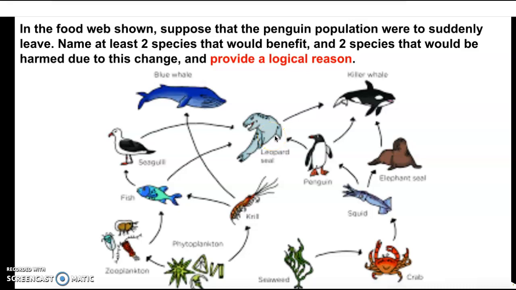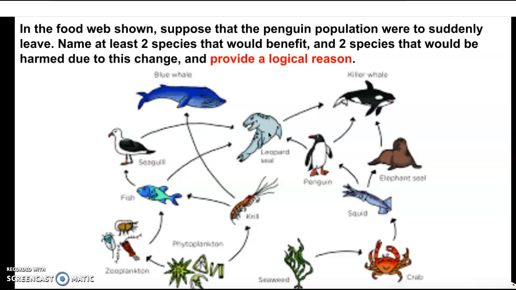A second reason would be because of the killer whale. The killer whale eats elephant seals, penguins, and leopard seals. So if we take away the penguin, the killer whale is going to focus on the other two. That would be a bad thing for the leopard seal. So it's like a double whammy. They have fewer penguins to eat, plus the killer whales are now going to hunt them more. So I'm going to say that the leopard seal population gets harmed.